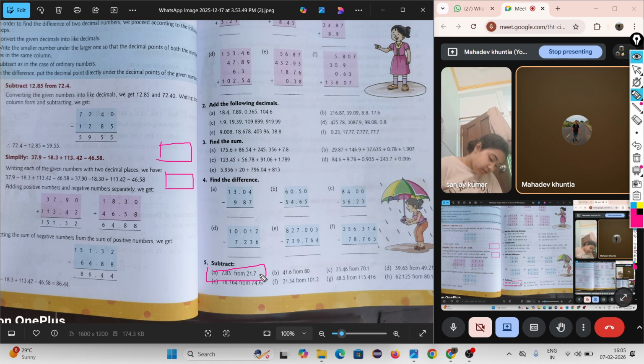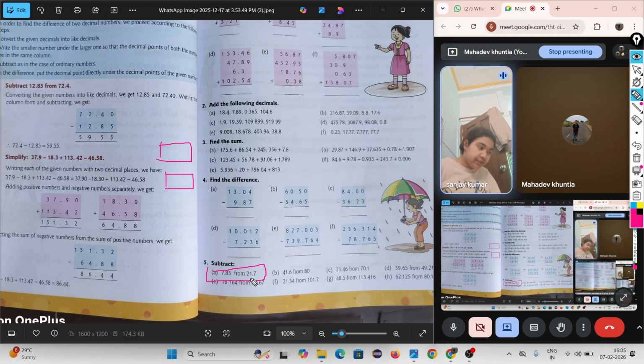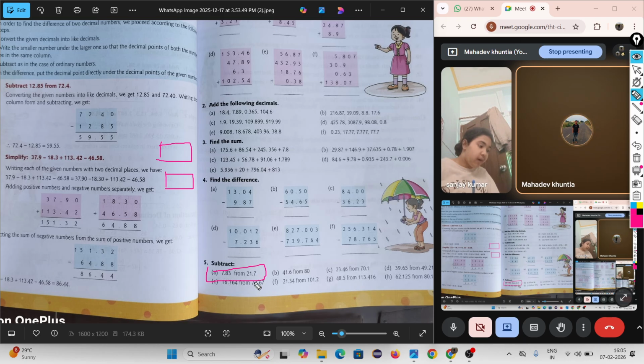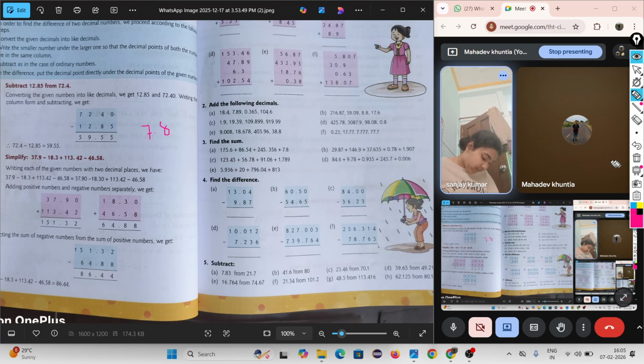Give an answer to my question, then do. If 21.7 is the larger number, then why are you telling me we should write 7.83 first? Always a mistake. Write the larger number first. First you convert the given decimals into like decimals.